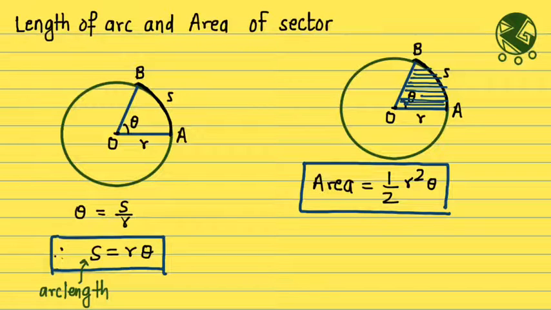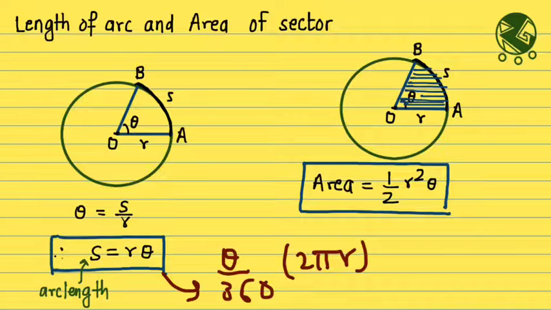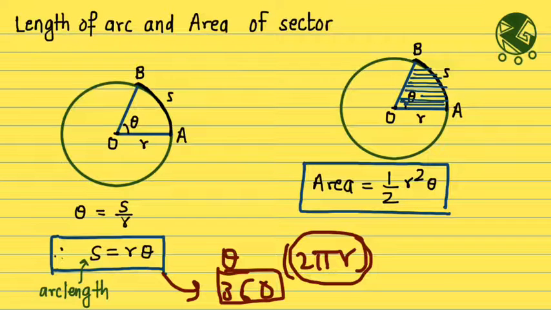So initially, as you might remember, the formula in degrees for arc length was theta upon 360 into 2 pi r. So what we did is one complete rotation 2 pi r divided into 360 parts and then picked up theta parts.